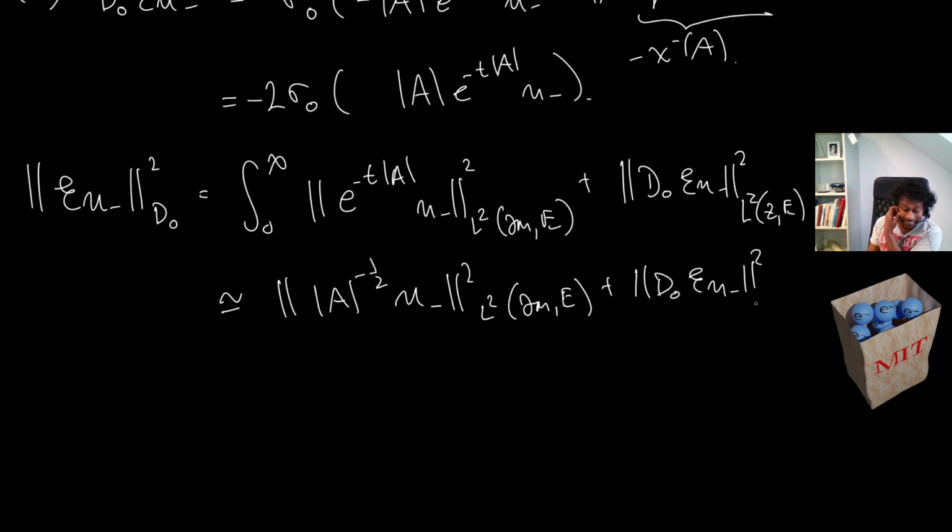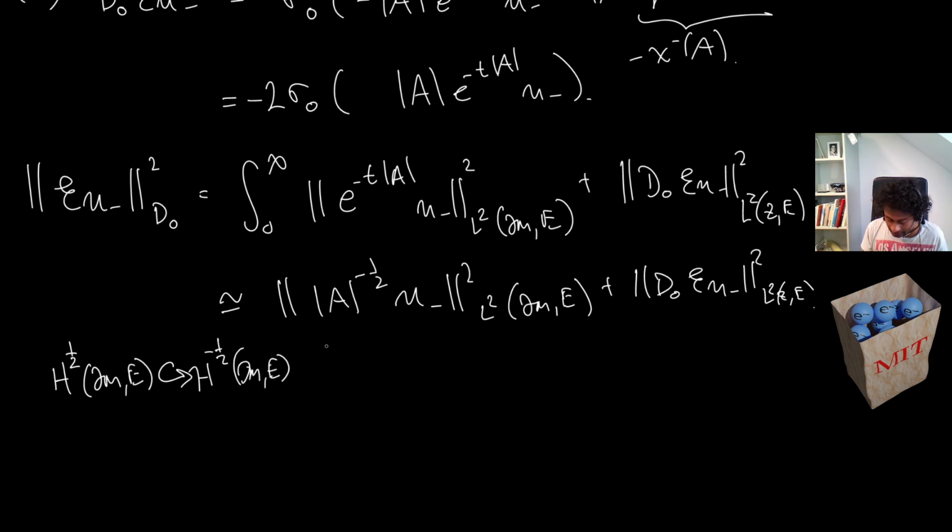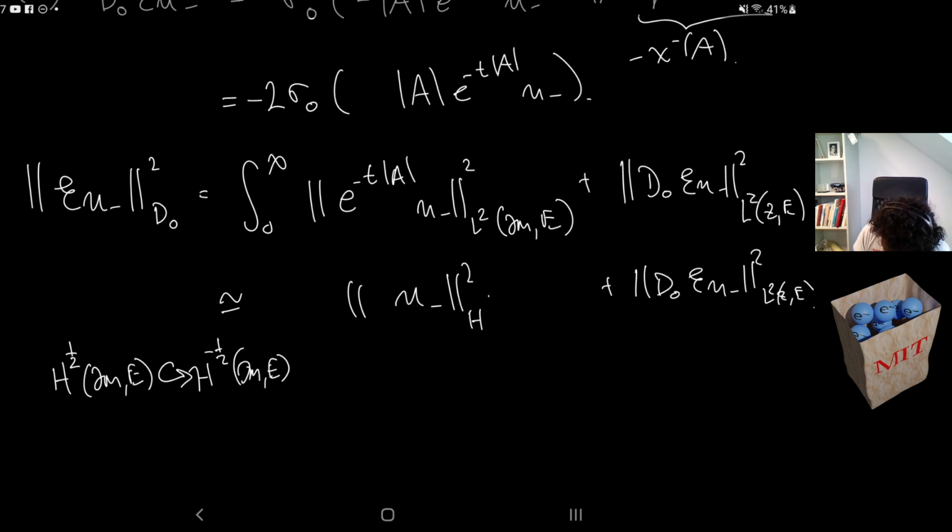But the point is that we have the embedding that H half of the boundary is embedded in H minus a half of the boundary. So at the level of estimates, that's saying that this first term is controlled by the H half norm. I should have just written H half here, so this is maybe a nicer way to write it.